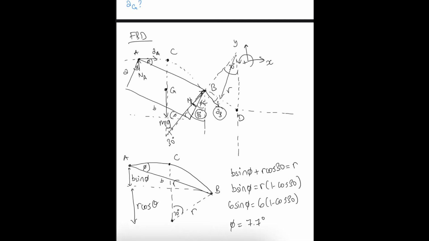This angle over here is 30 degrees. So in the I direction, AB cosine 30 becomes equal to the acceleration of A plus 0.804 alpha.